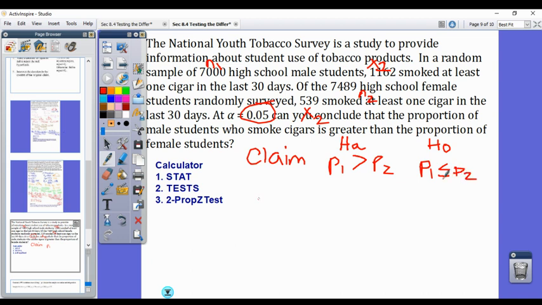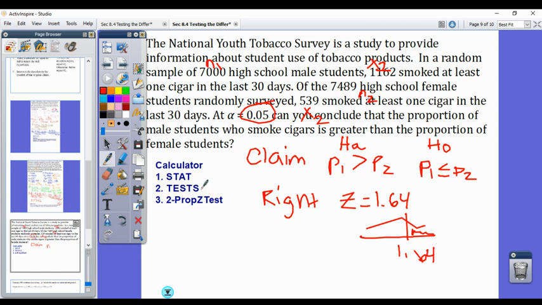The reason it's always important to do that is because one, it helps you write your summarizing sentence, and two, you need to figure out if it's left-tailed or right-tailed. In this case, it's right-tailed. Right-tailed with a significance level of 5% gives me a z-score of 1.64. So anything to the right of 1.64 is in my rejection region.